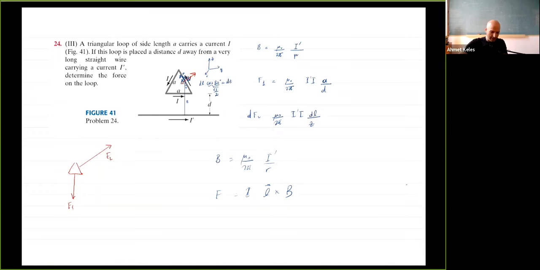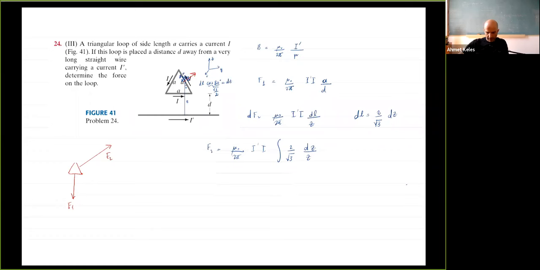Now I need to do this integral. My dl is equal to 2 over square root of 3 dz. Then F2 is equal to, let's take the constants out, mu0 over 2 pi I prime and I, integral of 2 over square root of 3 times dz divided by z.